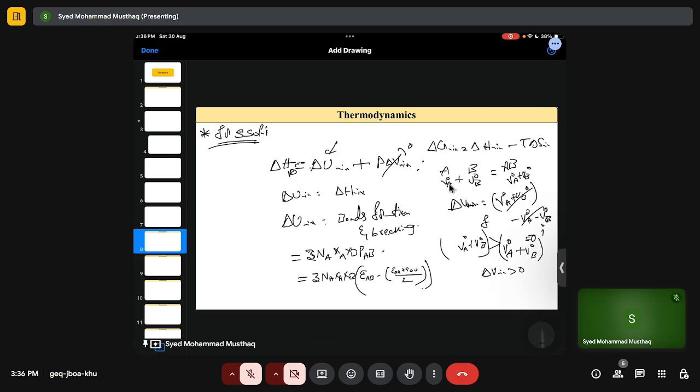If I take out these constant terms, these three terms, because these are constant, they will not change. Avogadro number is a constant, coordination number is a constant, and the bond energies are constant. So if I put everything into one term, that is called omega, times X_A X_B, and this is my delta H mix.